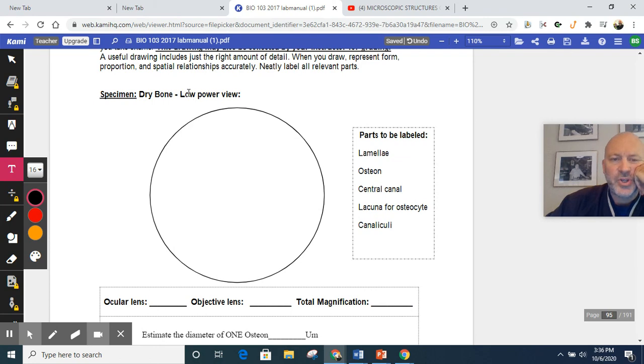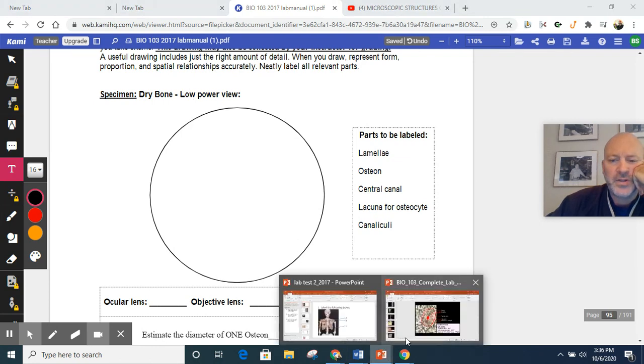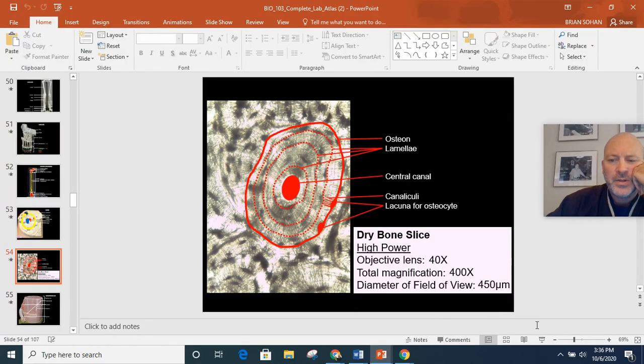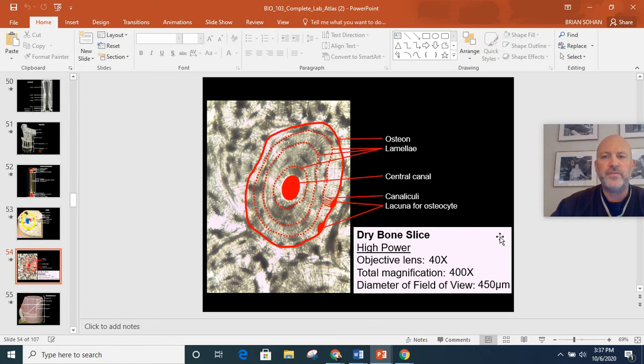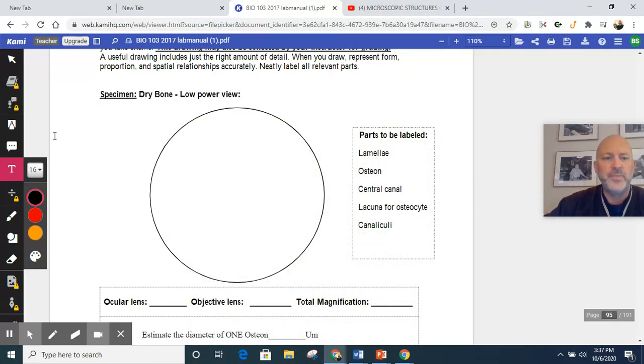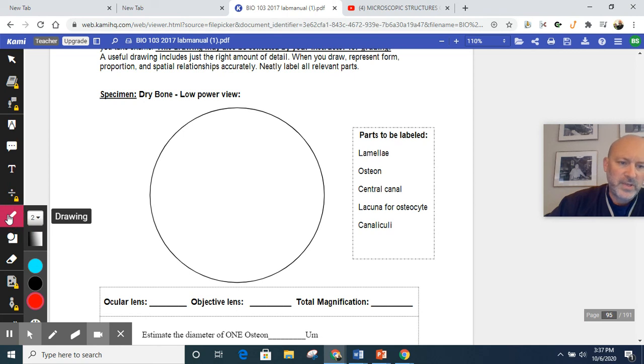This says low power view, but if we look here in the lab atlas, this is the view I would like you to use, and it looks like it's a high power view. So the objective lens is 40x, total magnification is 400x, and the field diameter is 450. So that being said, what does that mean? You know what that means.